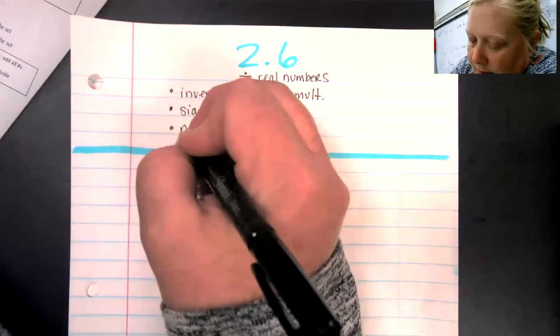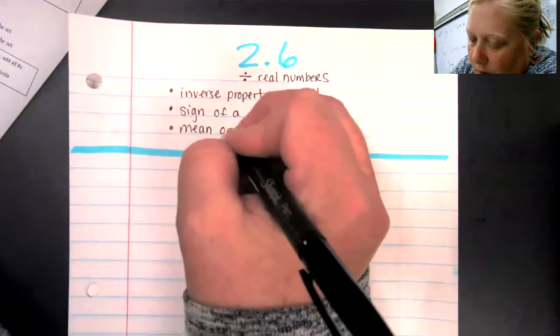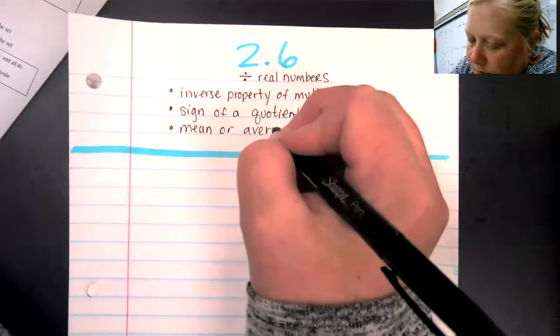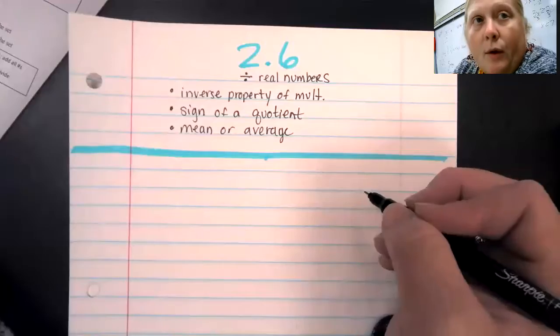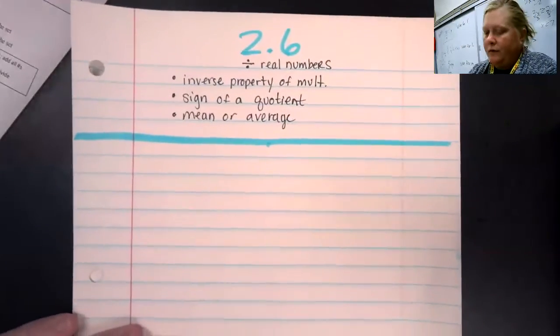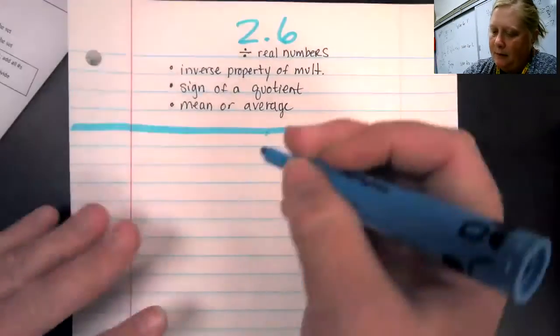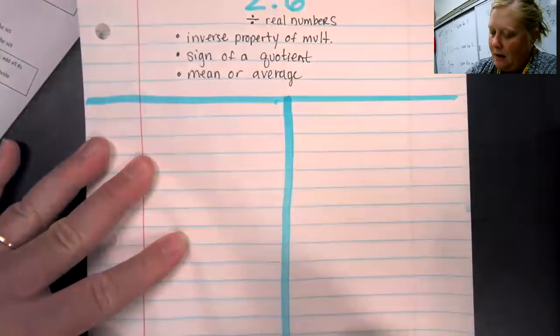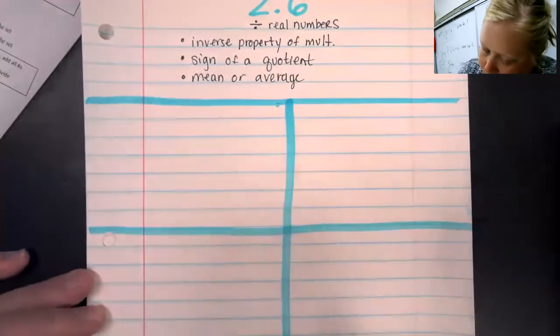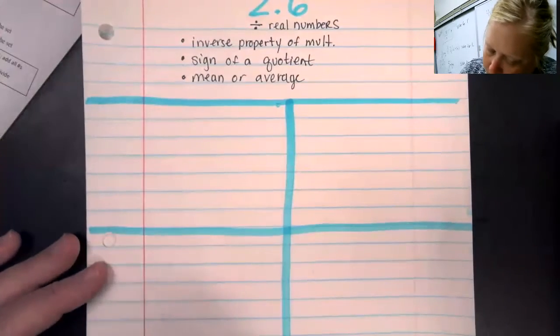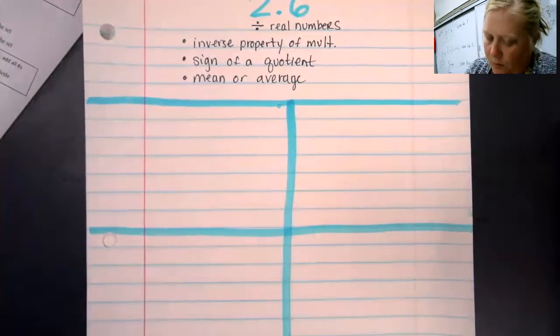And we're going to hit something called the mean or average today. Then we will tackle those when we're doing our practice problems. Are you ready? Let's divide our paper.